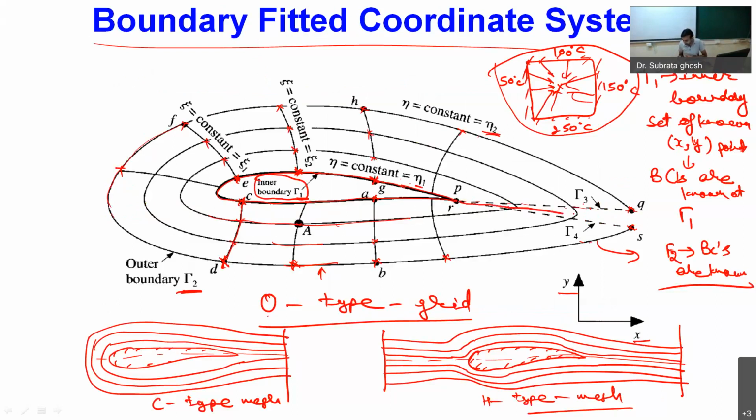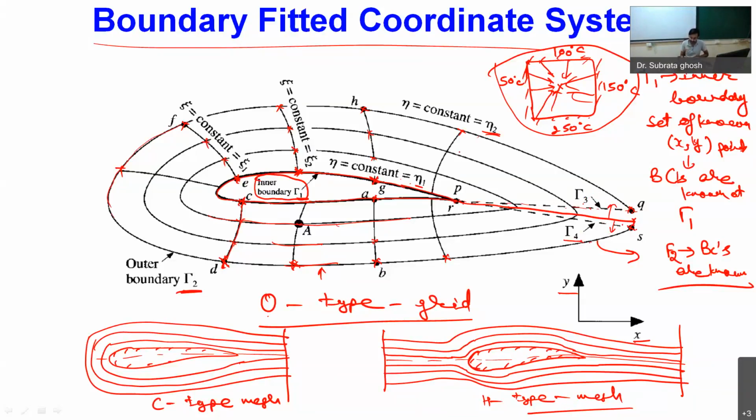Rather, we will have only a single line, and on the top face of that line we will consider our points to be Q and P, and on the bottom face we will consider our points to be R and S. So we have some common line whose top part acts as the boundary for gamma 3 in our computational plane, and whose bottom part acts as gamma 4.